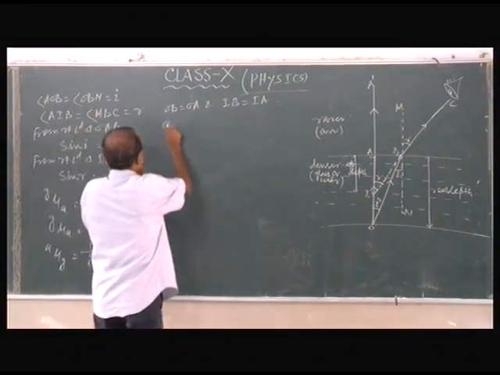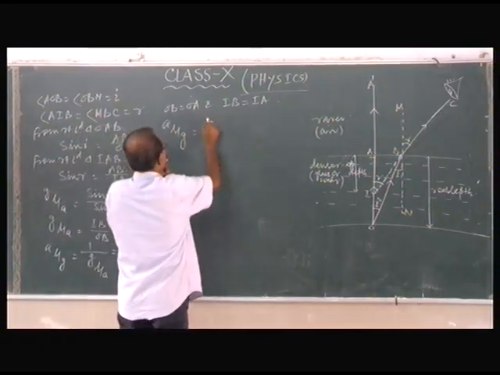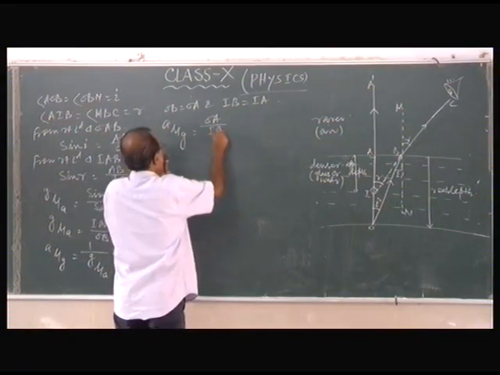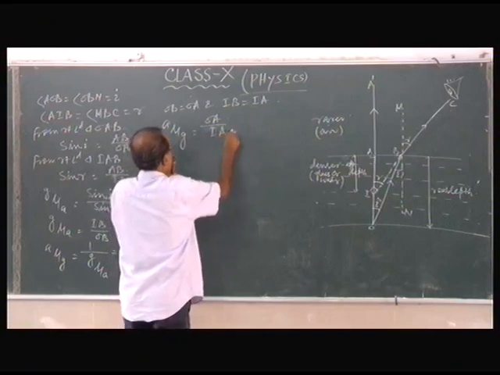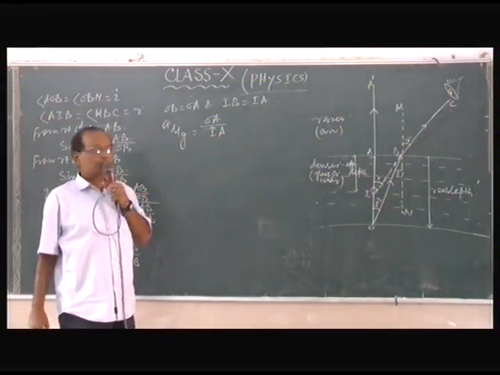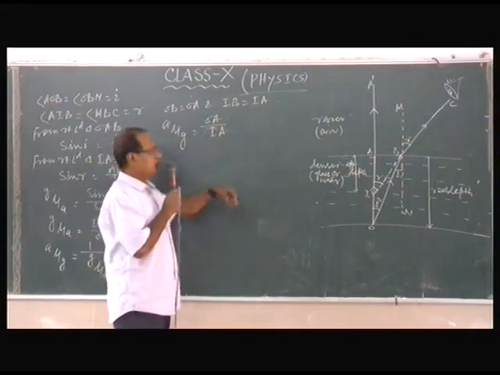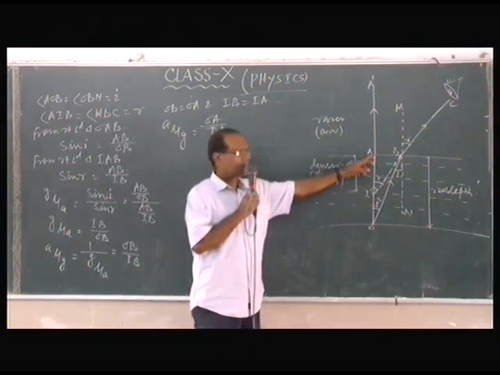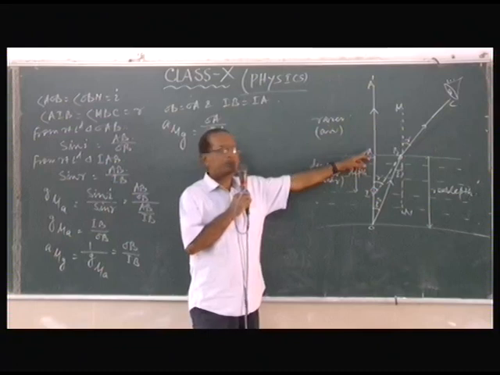Now we can write A mu G is equal to OB by IB, that is OA by IA. But OA is the real depth. IA is the apparent depth, it is appearing.